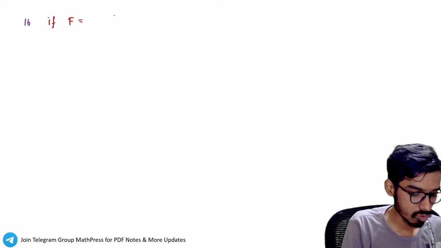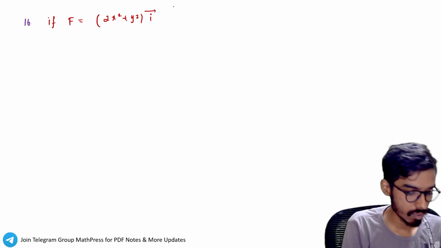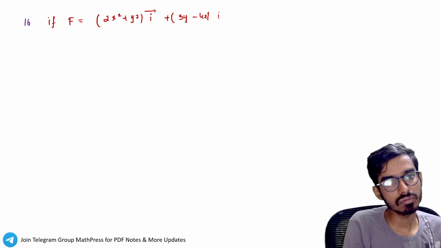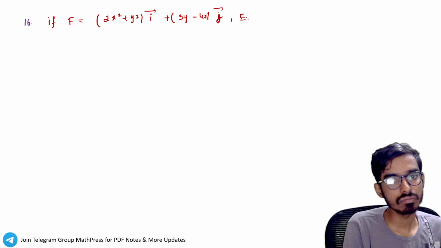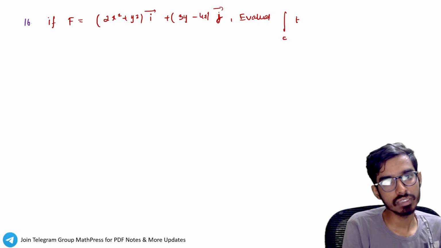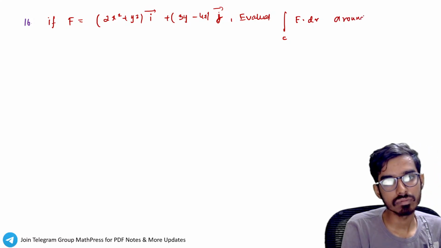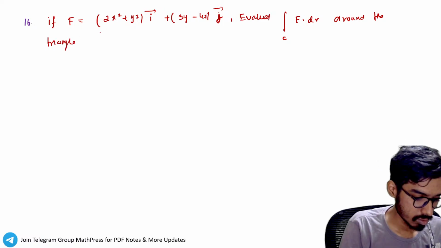So if F is equal to 2x square plus y square i vector plus 3y minus 4x j vector, evaluate the integral over C of F dot dr around the triangle ABC.